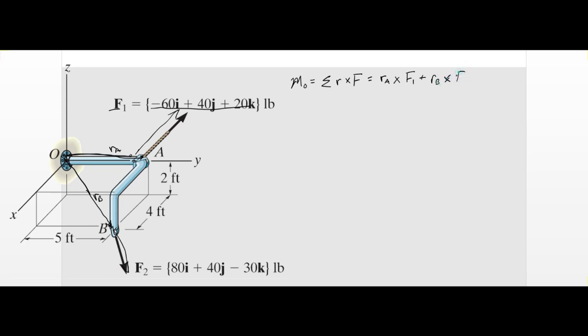So RB cross F2. This is how we would calculate the moment in this case. The only issue is that we don't know yet what RA is, and we don't know what RB is. And then we'd have to calculate the cross product twice, and then add those components together. So this is how we would go about doing that.